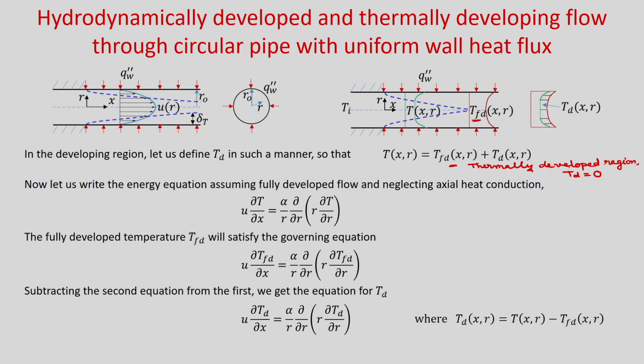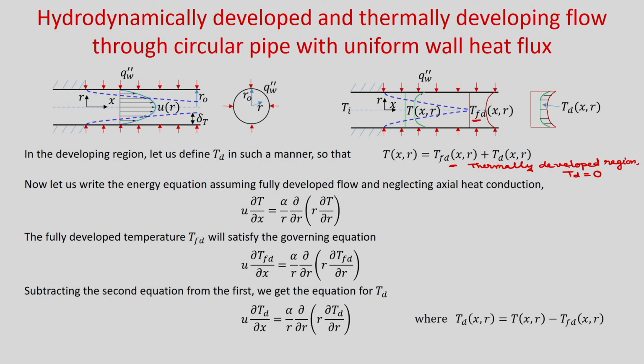Only the temperature inside the thermal boundary layer is varying. So, in the core region temperature will remain at Ti. At another location, here also it will be Ti, but once it becomes the fully developed region then your core temperature will vary.